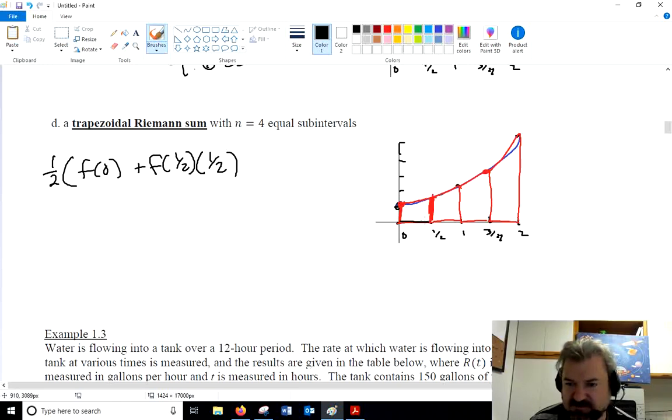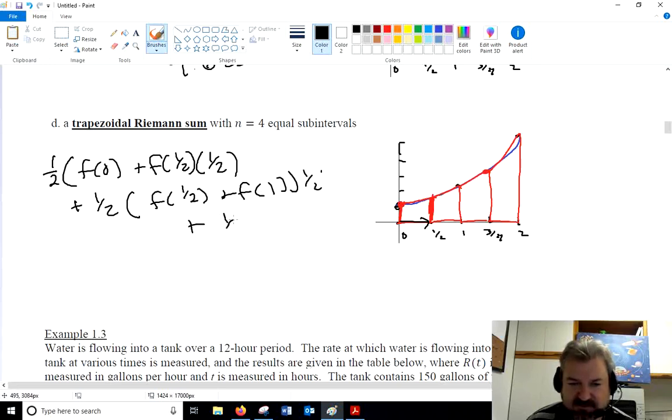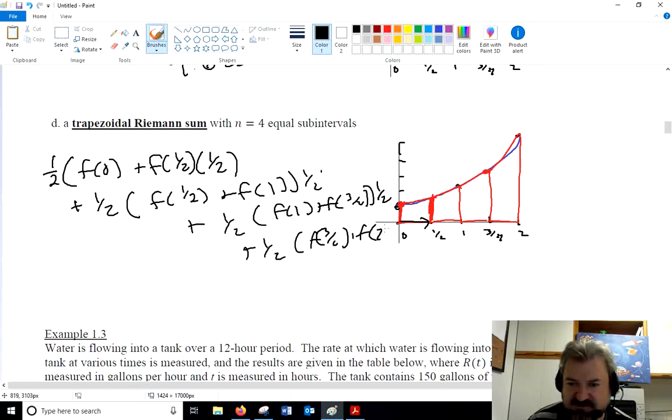The height going this way, right? And then we have to do that for each one of these. So then plus 1/2 times f of 1/2 plus f of 1 times 1/2, plus 1/2 times f of 1 plus f of 3/2 times 1/2, plus 1/2 times f of 3/2 plus f of 2, all times 1/2.